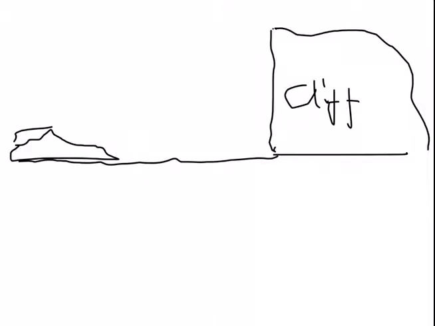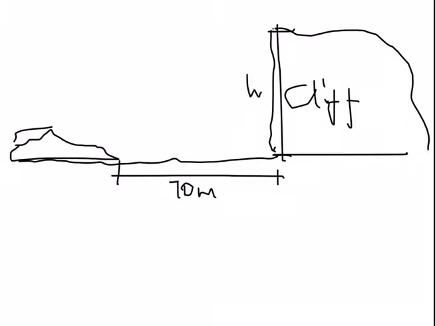Then, let's say the distance from the ship to the cliff is 70 meters. The height of the cliff, from there to there, is whatever h. So now we are trying to practically use what we know about trigonometry to solve real life problems.